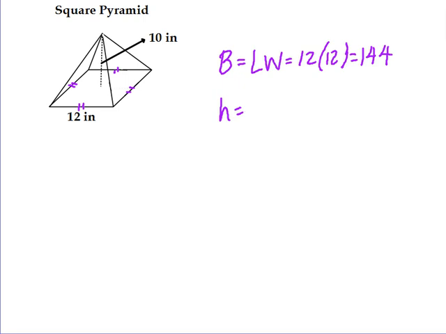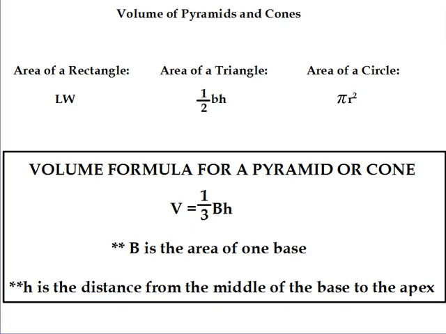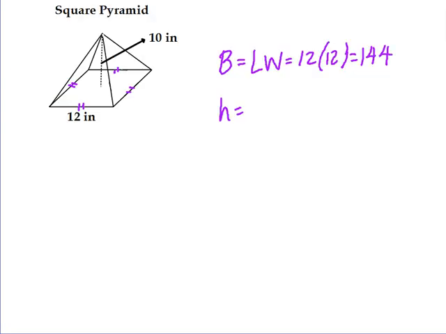If I go back, I didn't say this before. The height is the distance from the middle of the base to the apex, which means that common point at the top. So if I'm looking, here is the middle of the base, and it goes the whole way up to the top, that apex. That's going to be your height. So that is 10 inches.